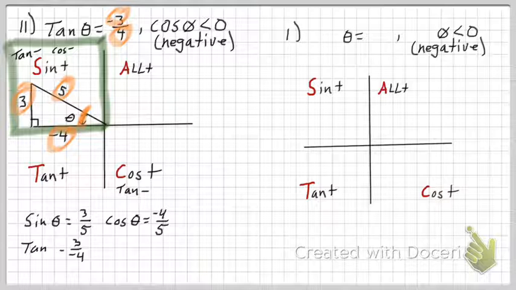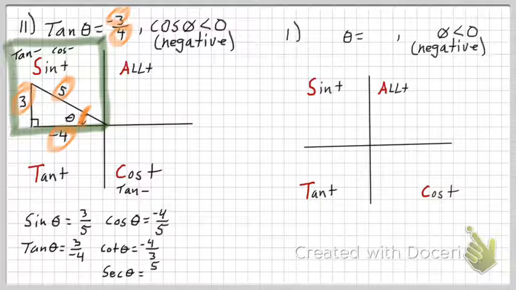Pythagorean gave me my hypotenuse. I have a triangle, know all 3 sides, so sine, cosine, and tangent, that's just SOHCAHTOA. And let's just go ahead and finish filling out these. And that's how I get those answers right there.